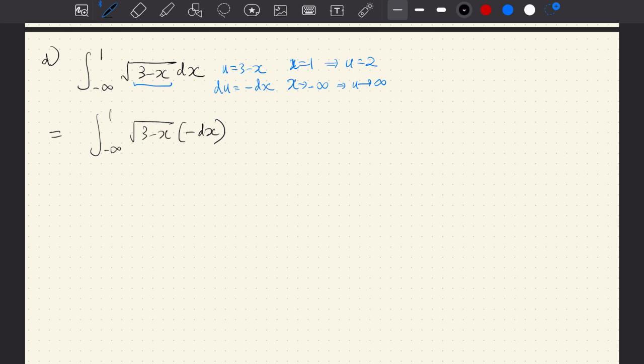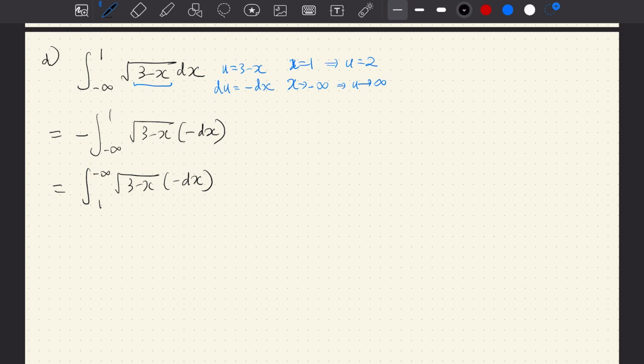Because we have a negative sign here, or if you like, you can write it as something like this, because we previously argued that if you exchange the upper and lower limits of the integral, it is equivalent to adding a negative sign.